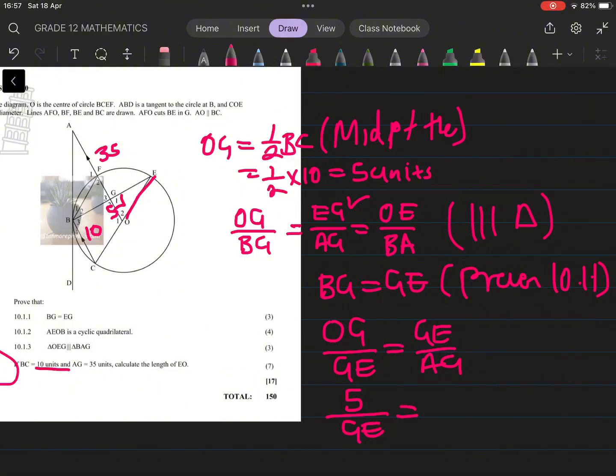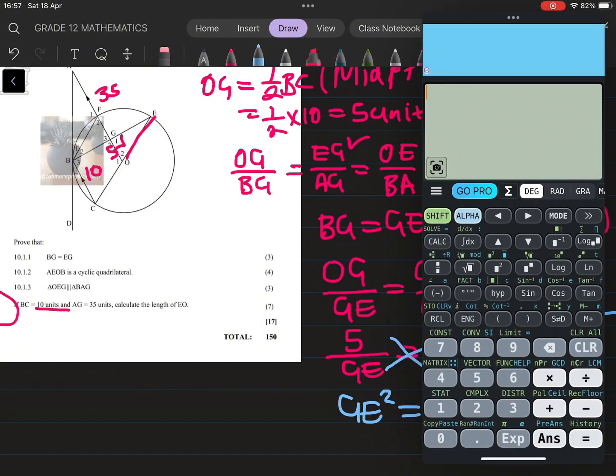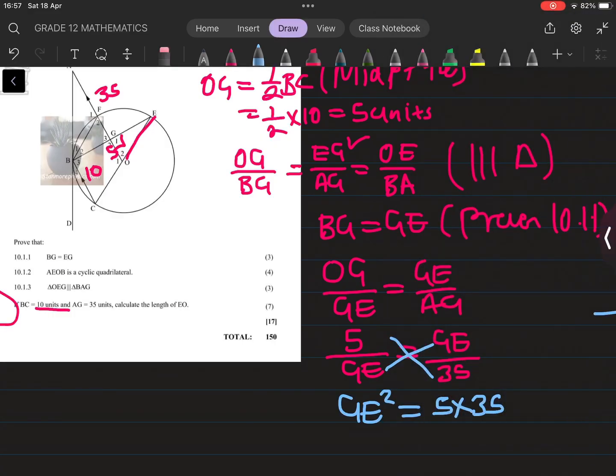And then we have GE again, divided by AG, that is 35 units. Now, going to cross multiply. Then I'm going to have GE squared, which is equal to 5 multiplied by 35. Then from there, you can press a calculator. That will be 5 multiplied by 35. That gives us 175.